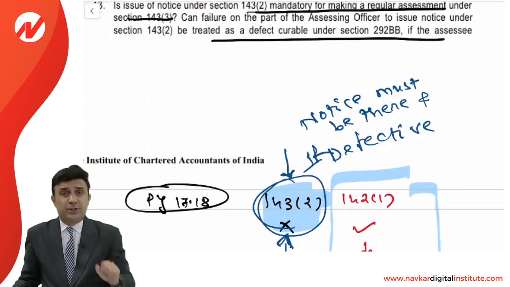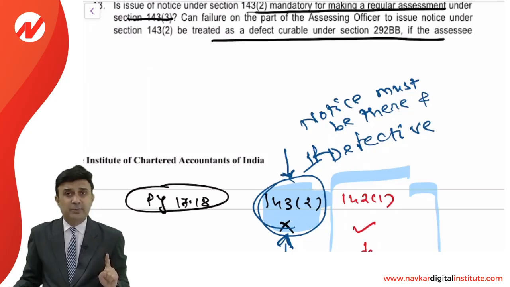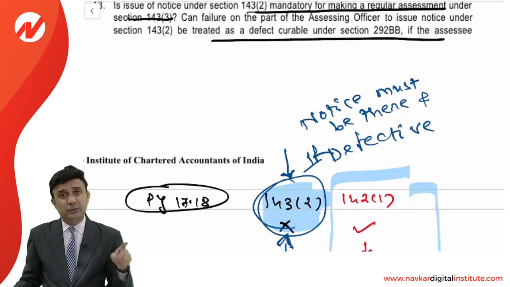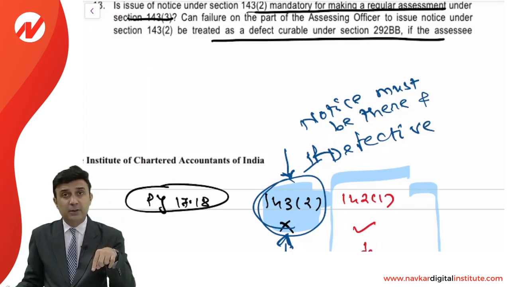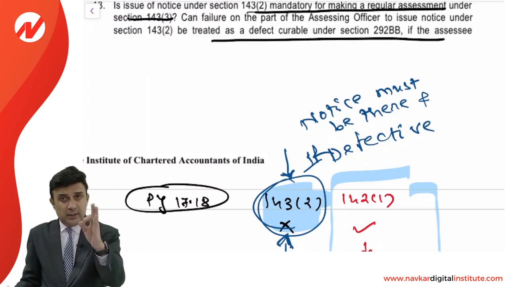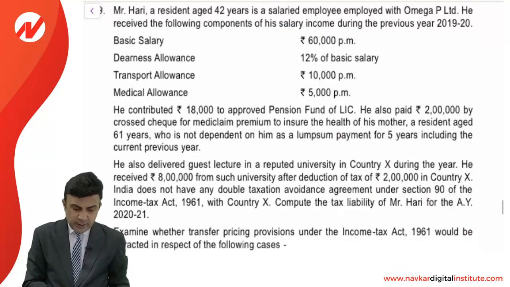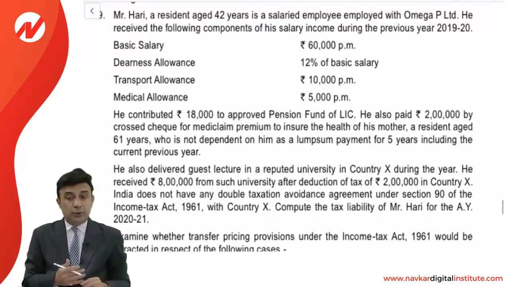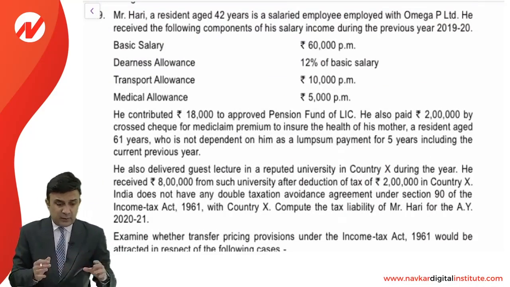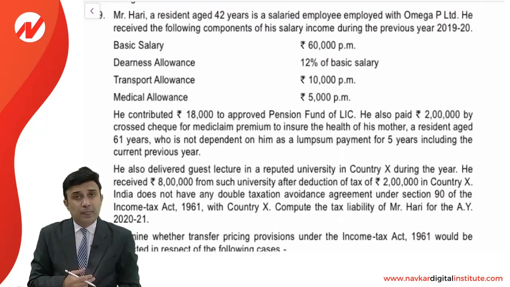The Supreme Court judgment talks about making a defective notice non-defective if there is appearance. But if there is no notice, then the proceeding will be null and void and it won't be acceptable to the assessee. It won't be taken care of.